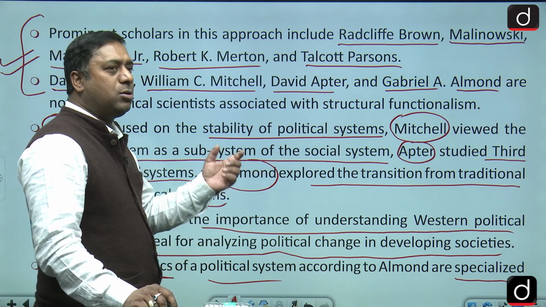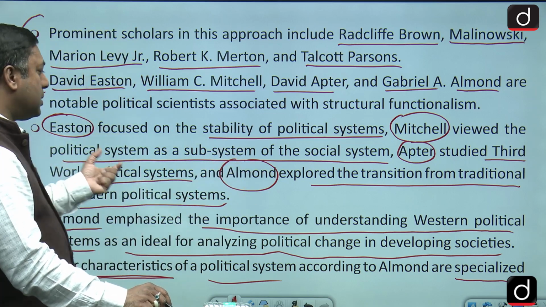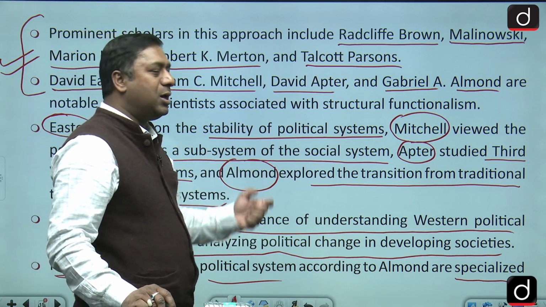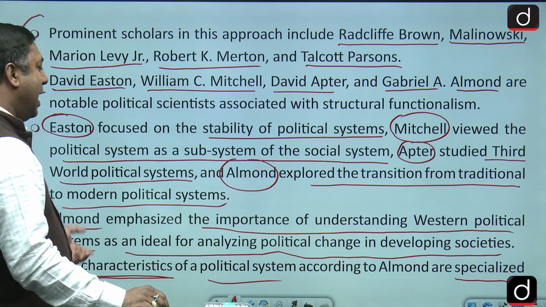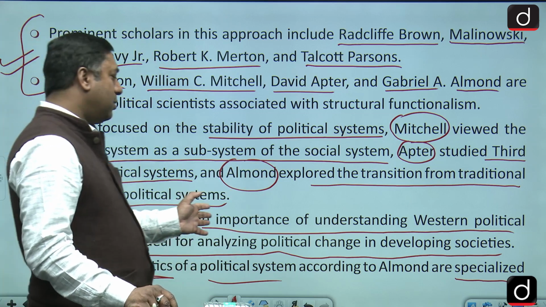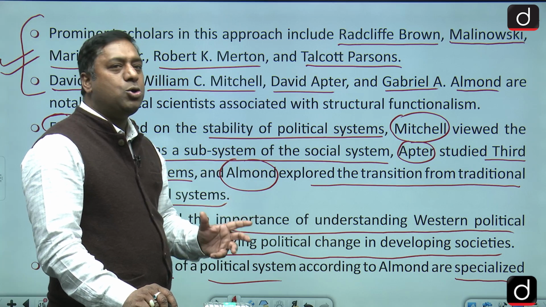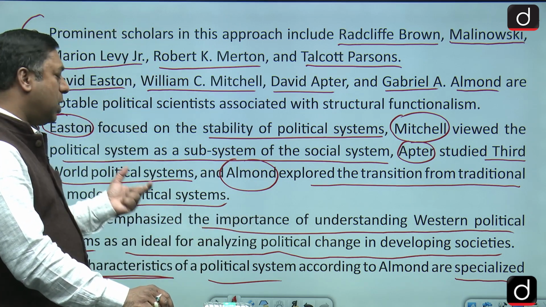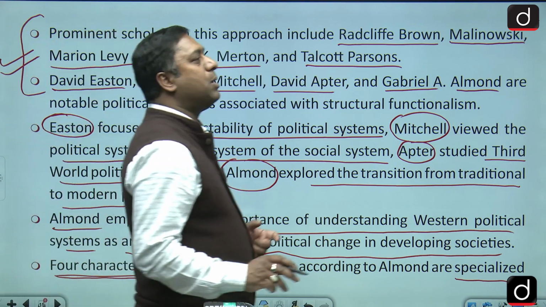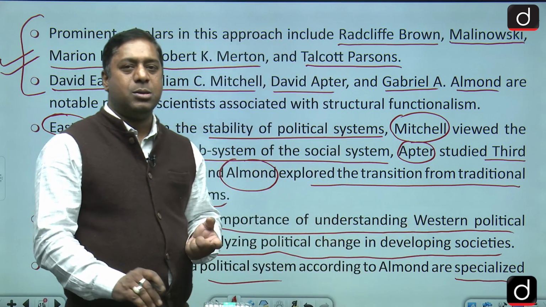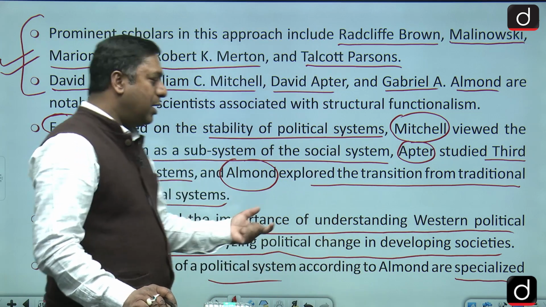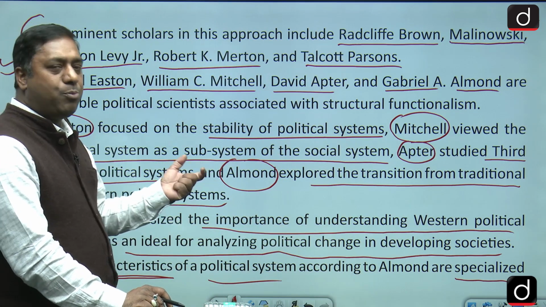Apter studied the third world political system, and Almond explored the transition from traditional to the modern political system. Almond even said that if you want to analyze political change in developing societies, you need to understand the Western political system.